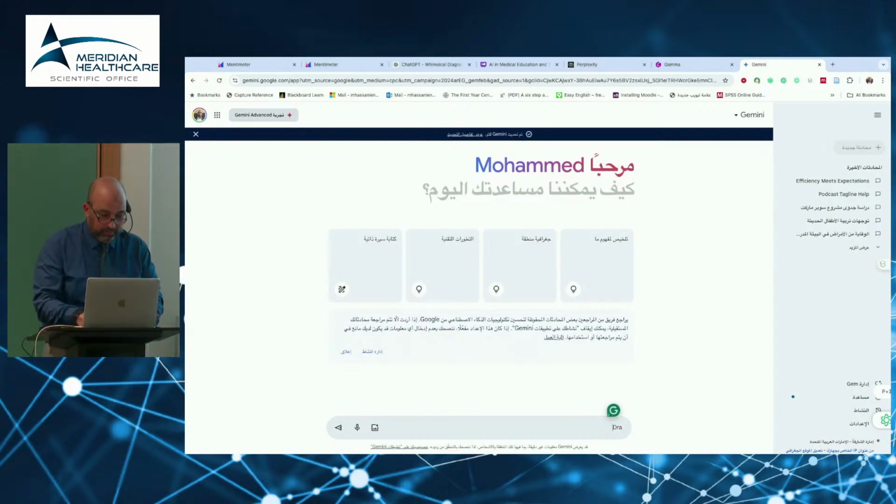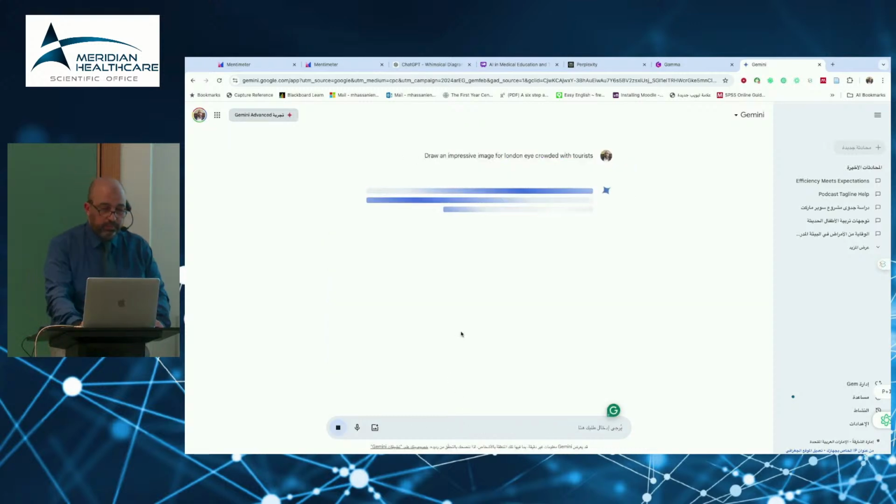Draw an impressive image for the London Eye. Anything else with tourists? Okay, crowded with tourists.